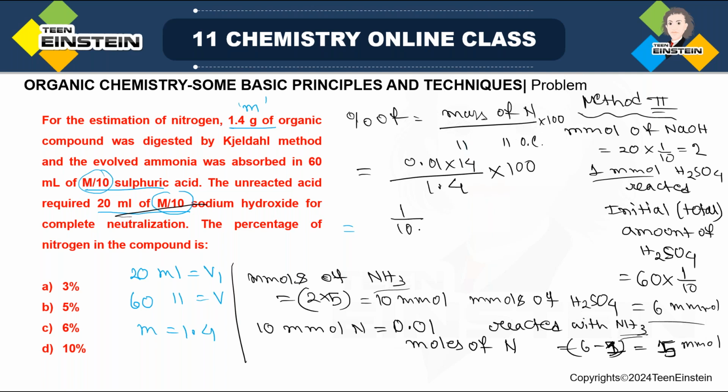So you can write it as 1 by 100, then 14 divided by 1.4, 100. So you will again get 10. It may seem apparently lengthy and requiring more time, but it is very logical and stepwise. I prefer this one because directly if you are getting all the values, you can put them in the equation, but you may not get them always. So it is up to you which way you want to solve the problem. Last one is the correct answer.